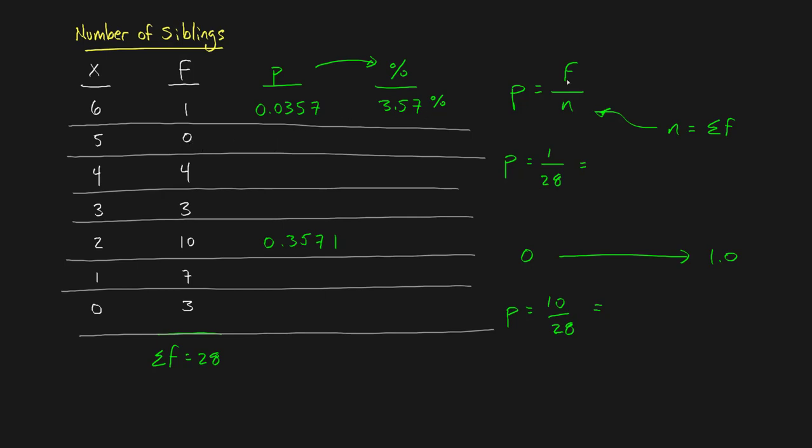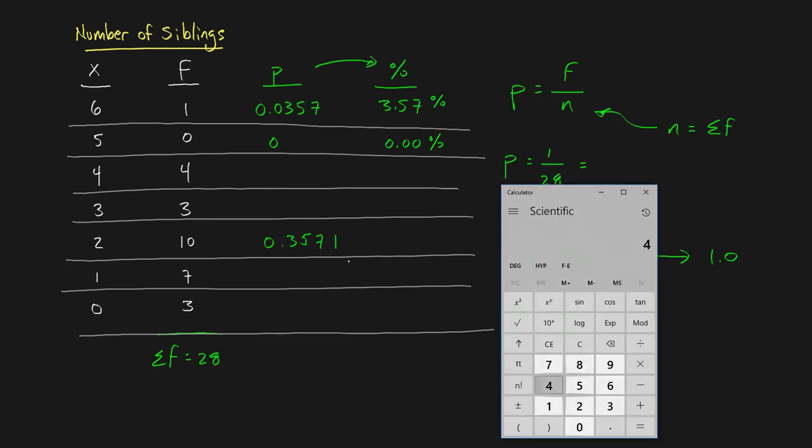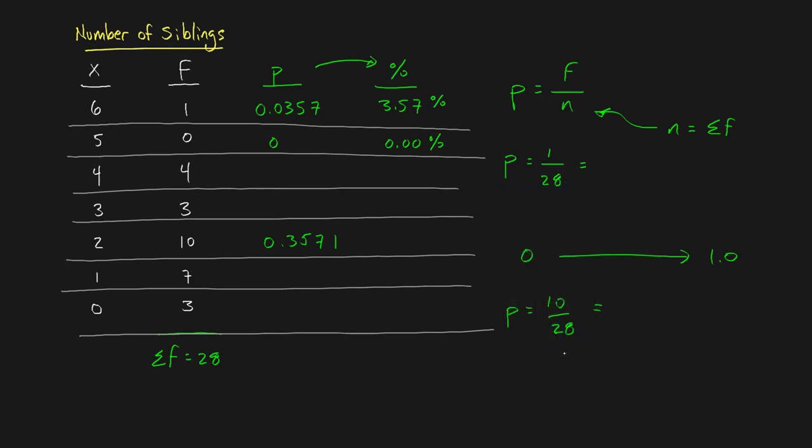Okay, so 0, that one's easy. 0, so that's my frequency. Divide that by 28. 0 divided by 28 is still just 0. And so that would be 0%. Let's do everything to 2 decimal places here. 4 divided by 28 is going to be how much? It's 0.1429. I'm going to round to 4 decimal places.